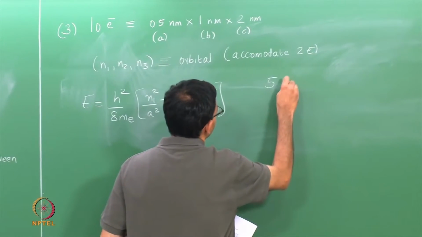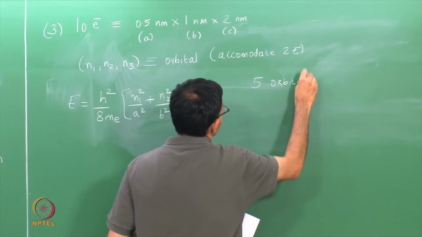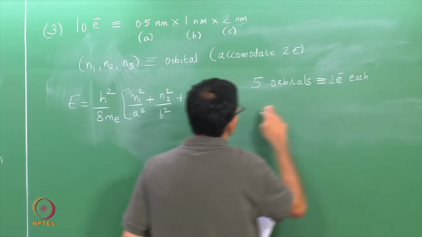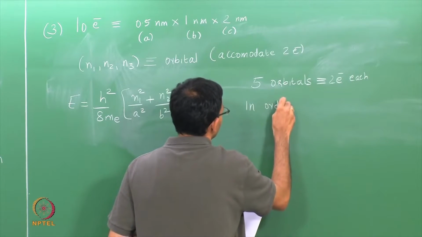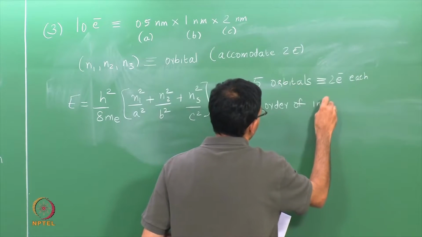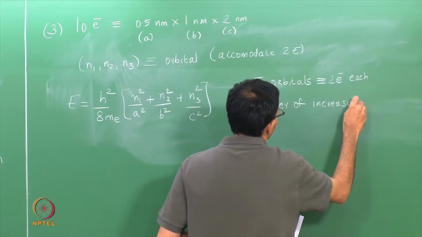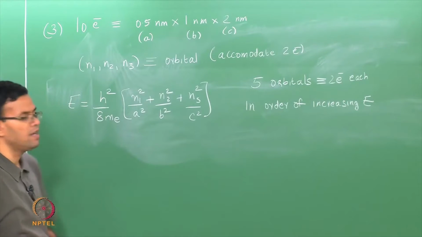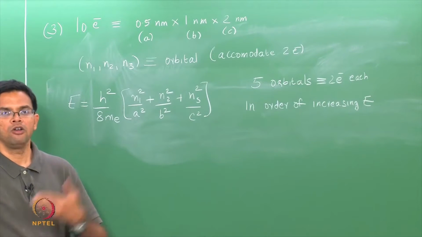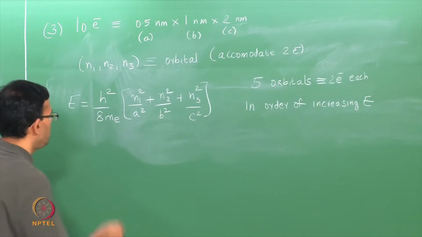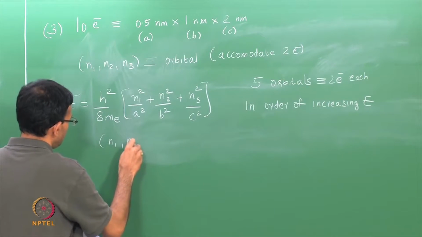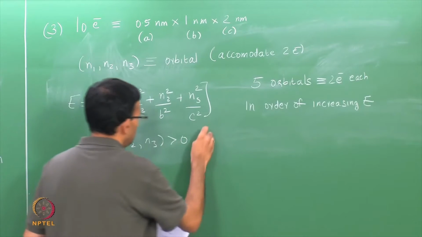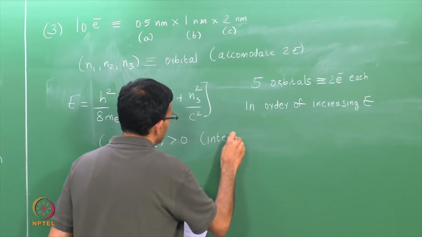So, we need to find 5 sets of n1, n2 and n3 which go in the order of increasing energy. An important thing is n1, n2 and n3 are all integers and they all should be greater than 0.